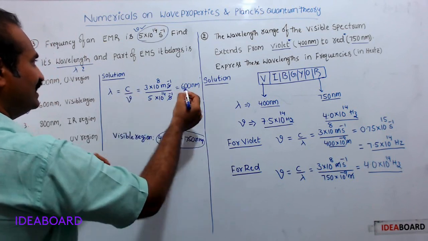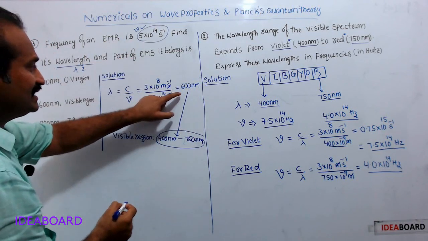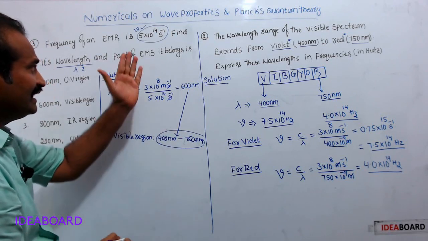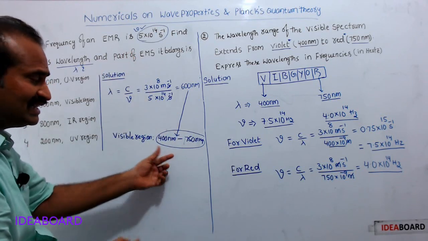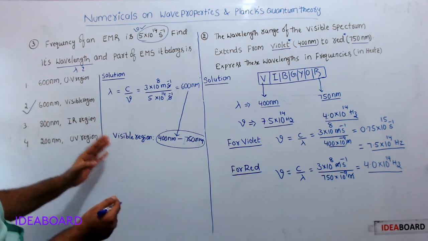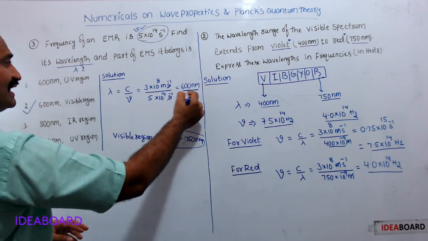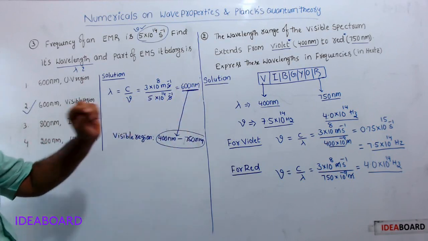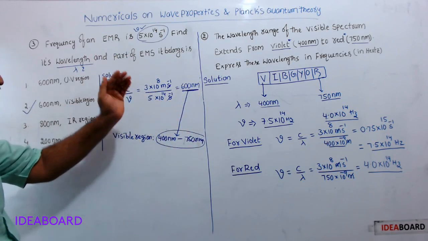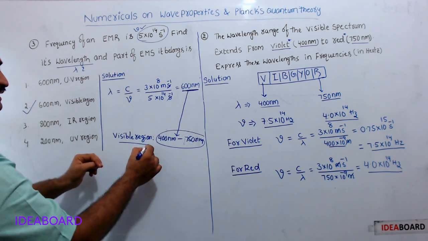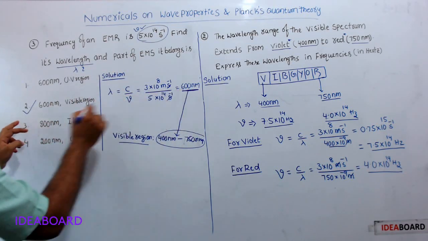Therefore the given electromagnetic radiation wavelength lies between these two, which means the given electromagnetic radiation belongs to the visible region. So it is the visible region and 600 nanometer.